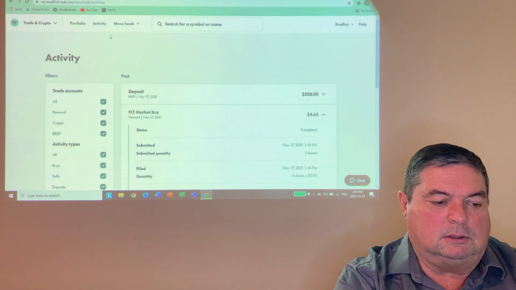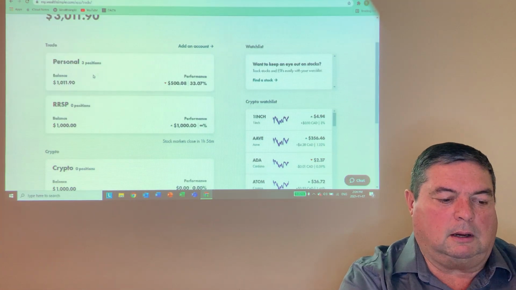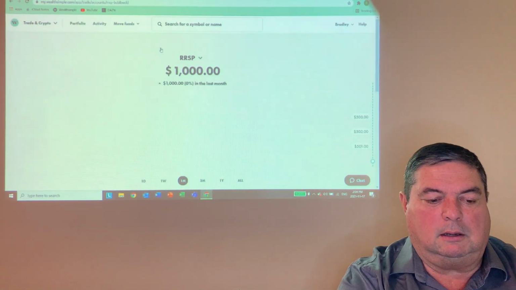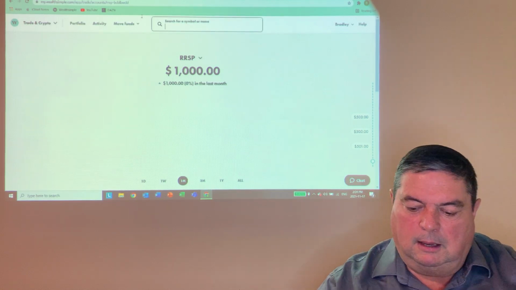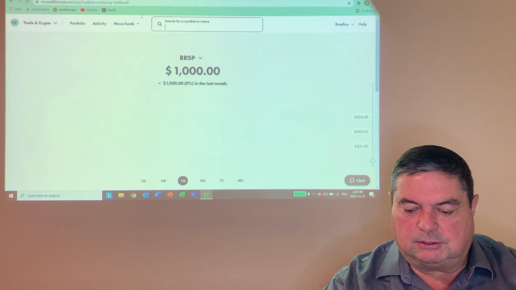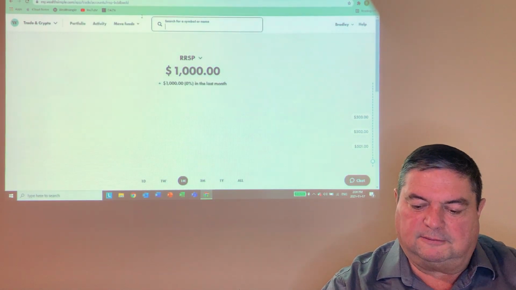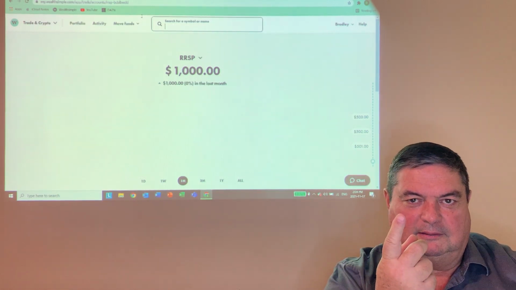So the first thing I'm going to do is go back here to my portfolio, and I'm going to go to my RRSP account. So here's my RRSP account. I'm in my RRSP account now, okay? Then I'm going to go up here, and remember that we wanted to add some stocks to our RRSP account. One of the first stocks that we want to add in here: Christmas time, right?